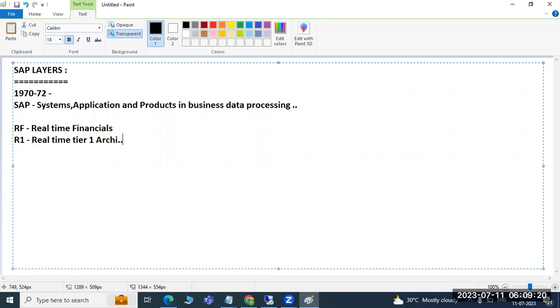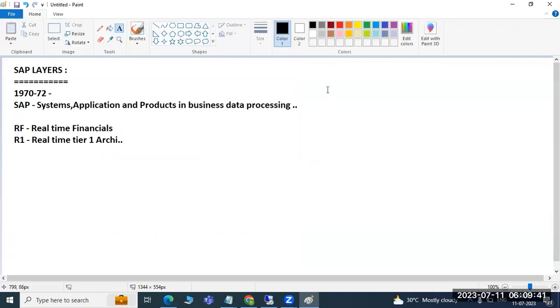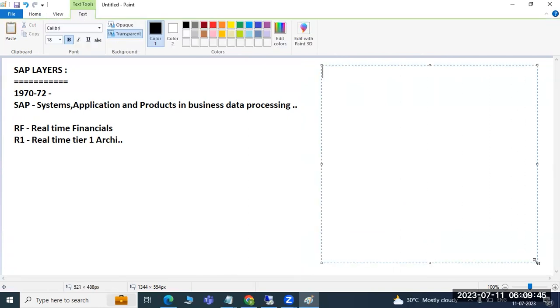Before I go on, what is meant by architecture? As I told you, SAP is a 3-tier architecture, which means presentation layer, application layer, and DB layer. These are the three layers.